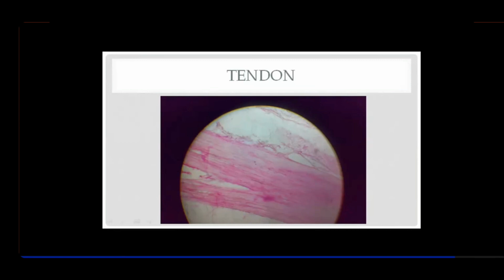So examples of regular dense fibrous connective tissue where fibers are parallelly arranged are aponeurosis, interosseous membranes, tendons, and a few ligaments like ligamentum patellae, which is a longitudinal band.